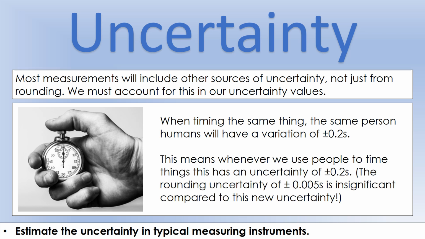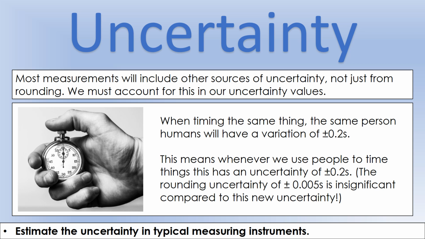Overall, combining all the uncertainties, we'd say that timing with a stopwatch has an uncertainty of 0.2 seconds. The reason we haven't included the rounding is that the 0.005 seconds is insignificant compared to that, about 100 times smaller. So it's not even worth considering.